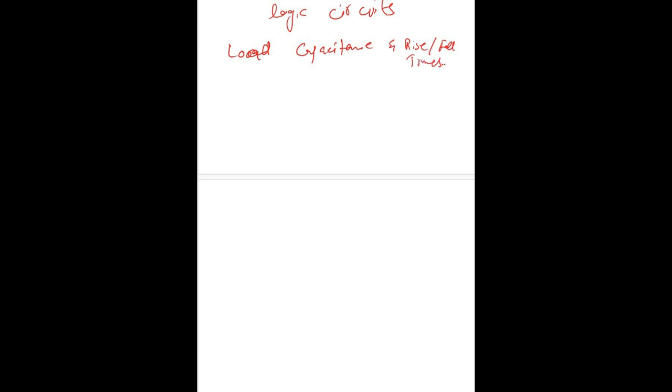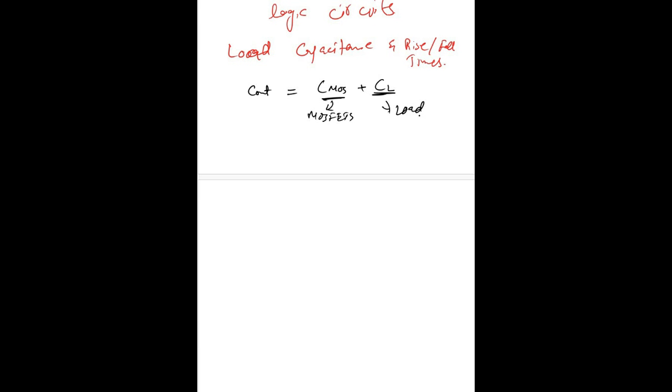So for this, initially we know that our output capacitance is given by C MOS plus C load. This capacitance is because of our MOSFETs, and this is our load capacitance.